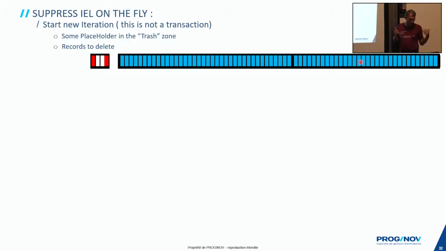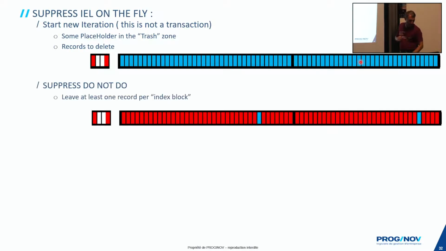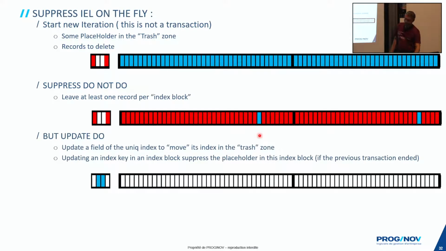So it's the first step of my iteration. The next step is to suppress all the records and leave at least 1 record per index block. So I've got a lot of placeholders and 1 active record in each block. The next step is to update those records.